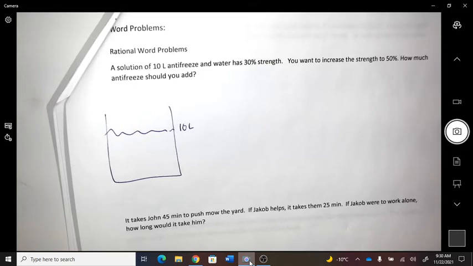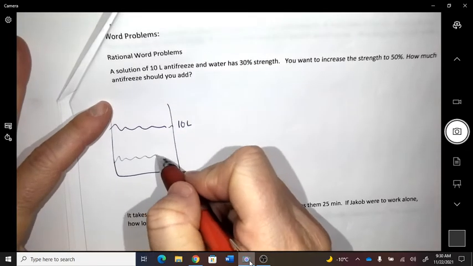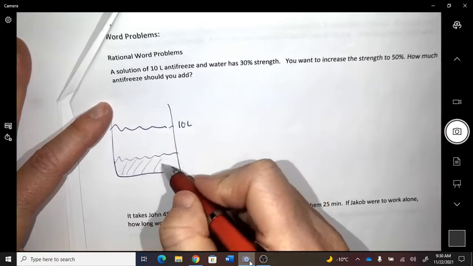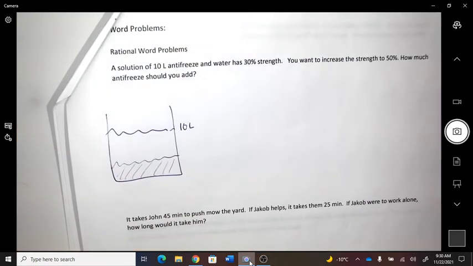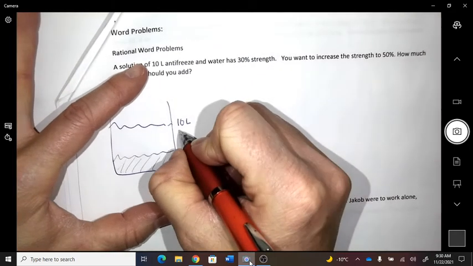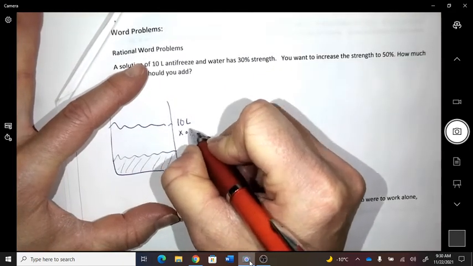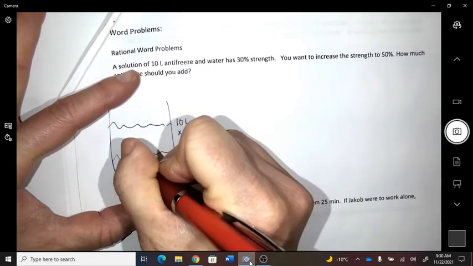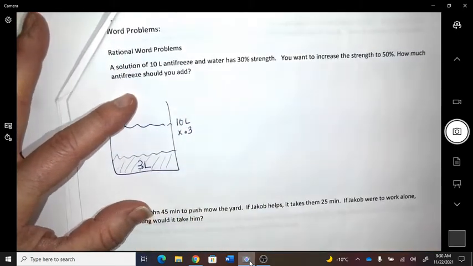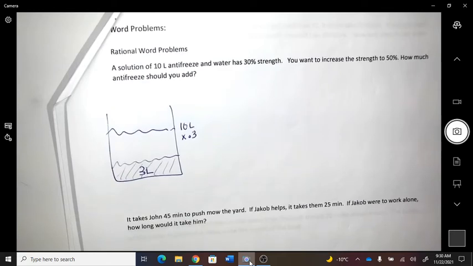If it's already 30% strong, how much chemical is in there? 30% of that mixture is already chemical. So what is that? So we times it by 0.3 makes 3 liters of chemical in there.